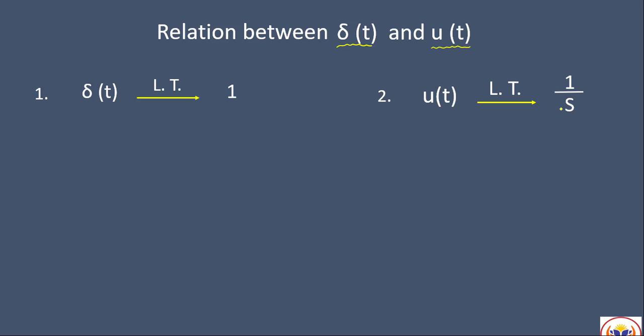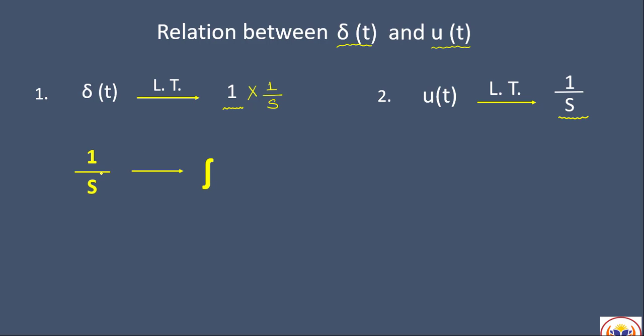Now if I want to get u of t, which is 1 by s, from the impulse signal whose Laplace is 1, I have to multiply 1 with 1 upon s.